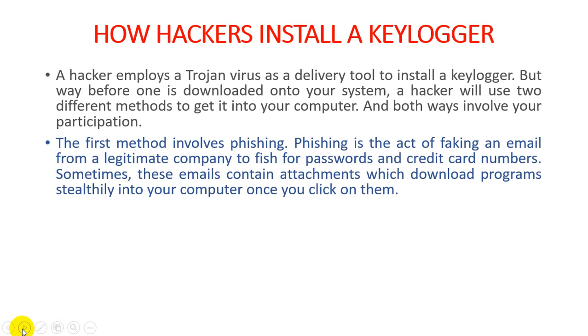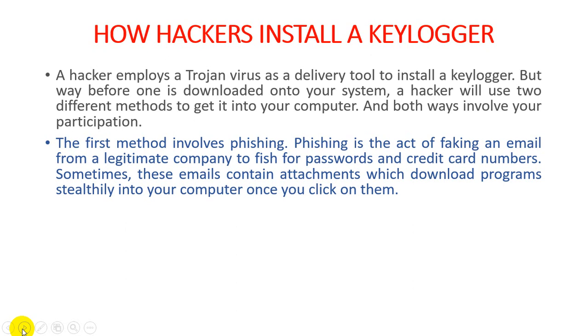Phishing is the act of faking an email from a legitimate company to fish for passwords and credit card numbers. I think we need not discuss phishing more, because we already discussed it two to three times. Sometimes these emails contain attachments which download a program stealthily into your computer once you click on them.